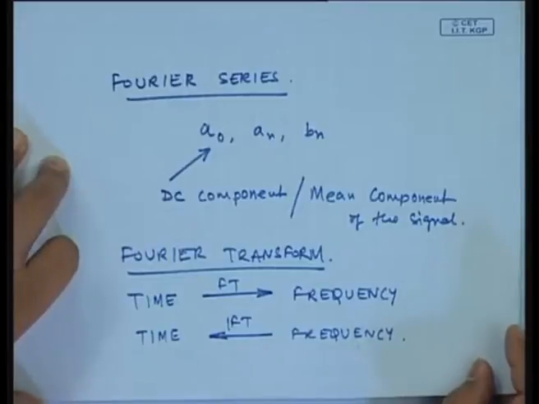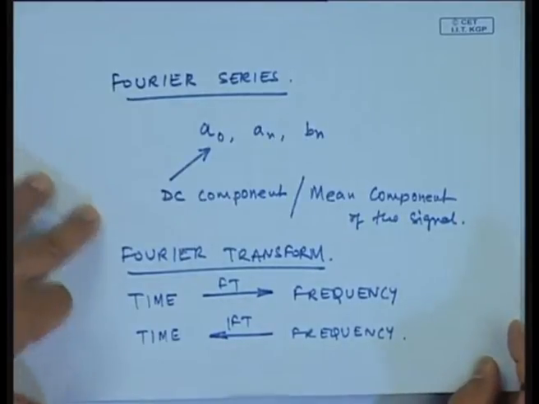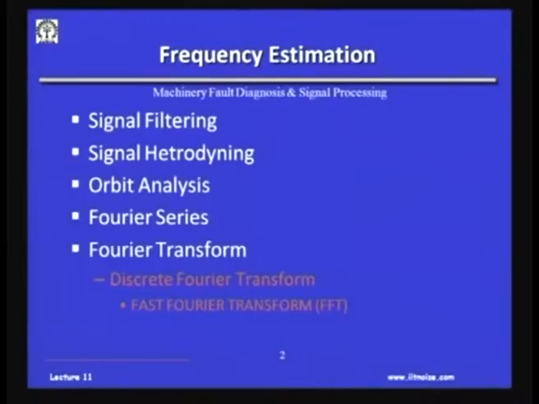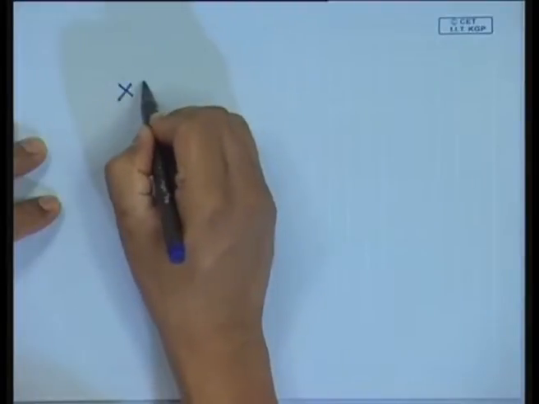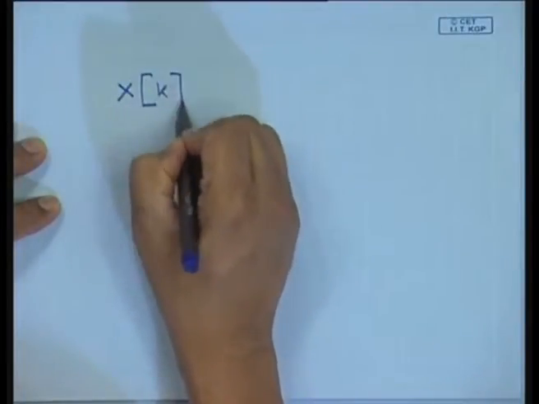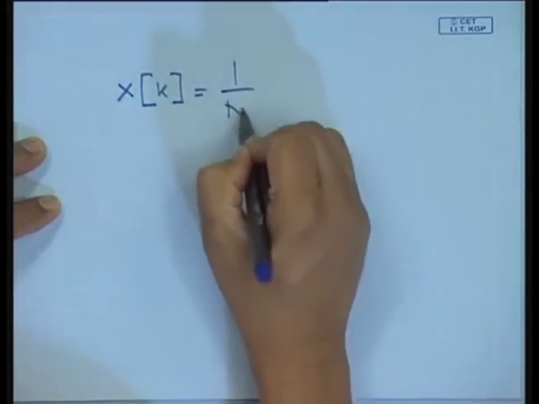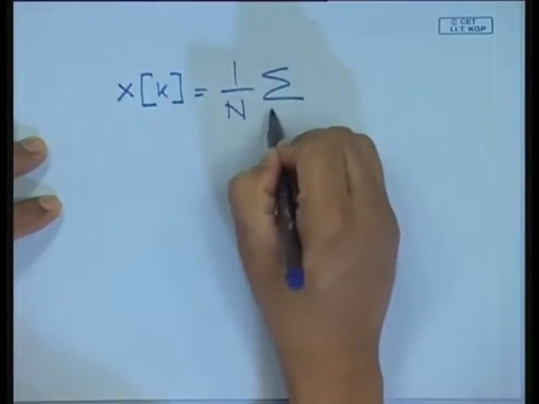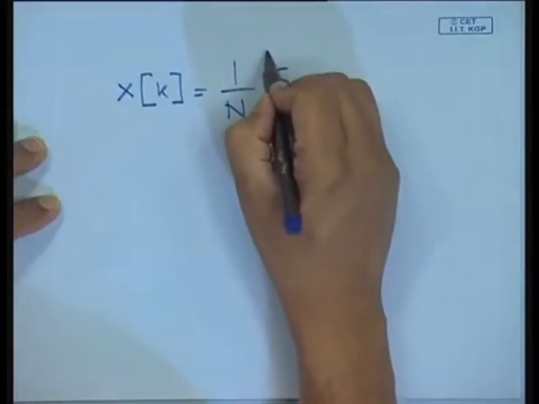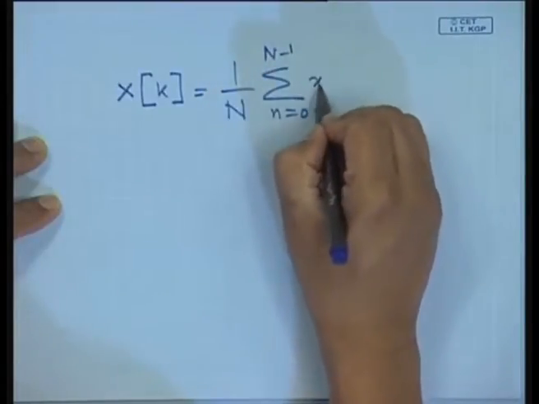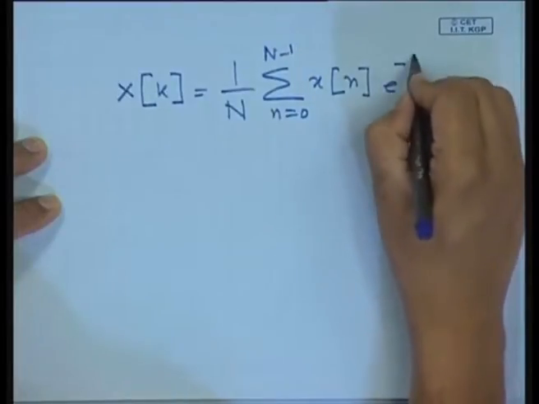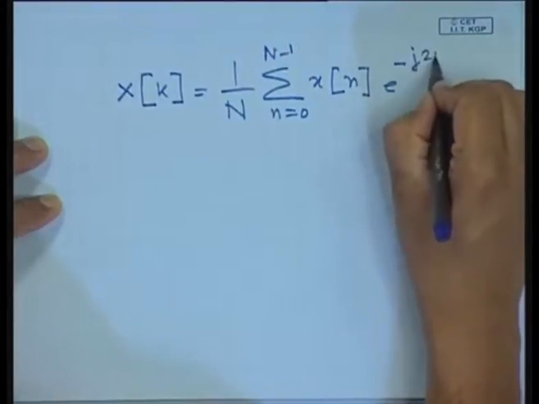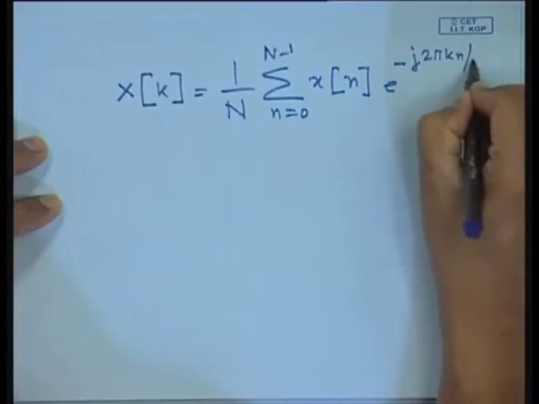But this Fourier transform can be done mathematically because if you look at the signal X k, this is nothing but the digital representation of this transformation from the time to the frequency domain.